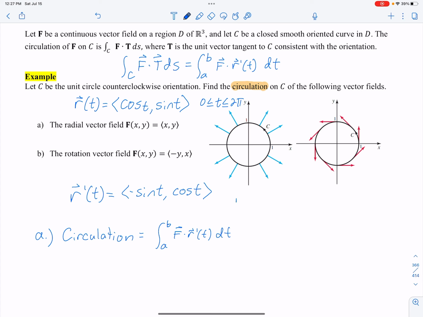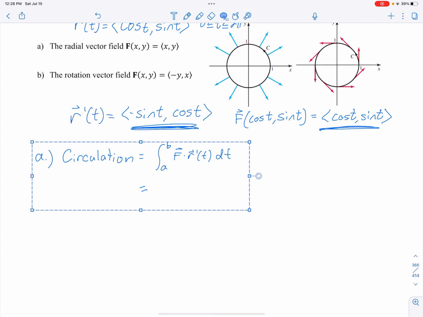I do need to put F in terms of t. So F of cosine t, sine t is equal to the vector cosine t, sine t. It's just a straight replacement. So we're dot producting this and that. Let's go ahead and do that before I throw it in the integral.